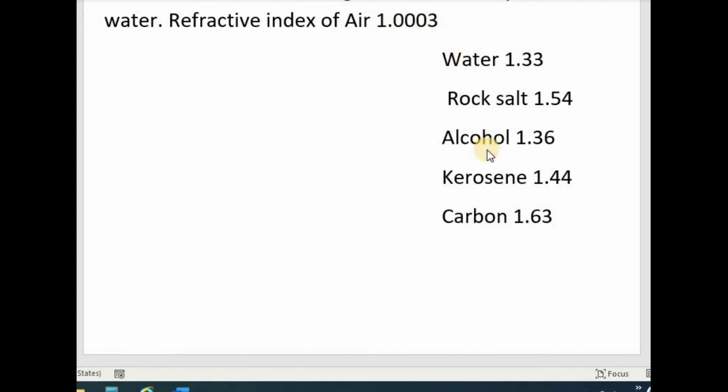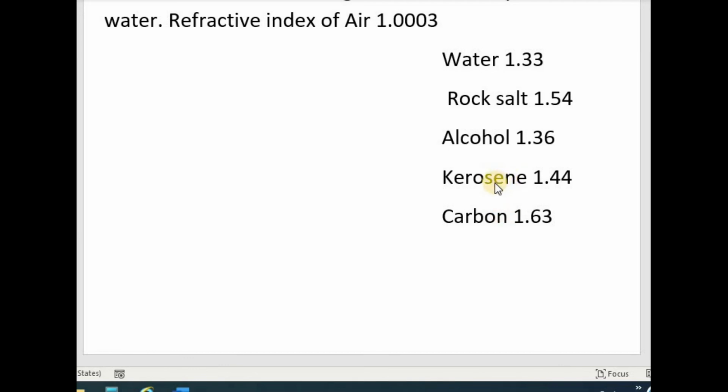Among water and alcohol, which is the rarer medium? Water. Comparing alcohol and kerosene, the rarer medium is alcohol. Comparing kerosene and carbon, the denser medium is carbon. That is, the one with the larger refractive index is denser compared to the one with the lesser refractive index.